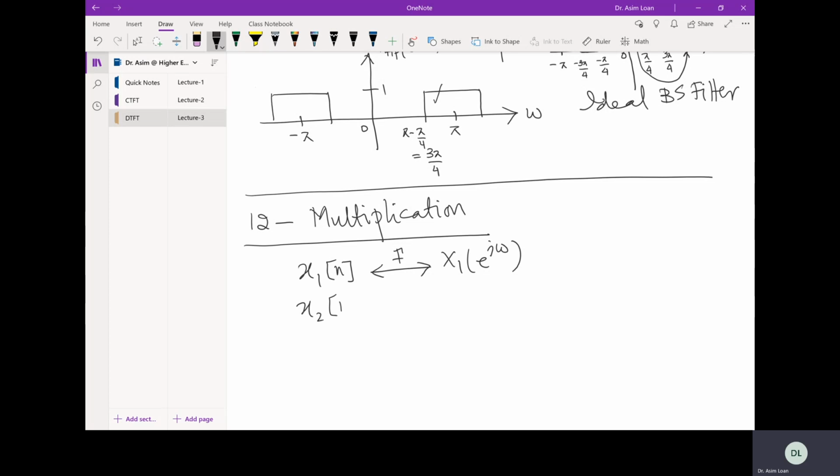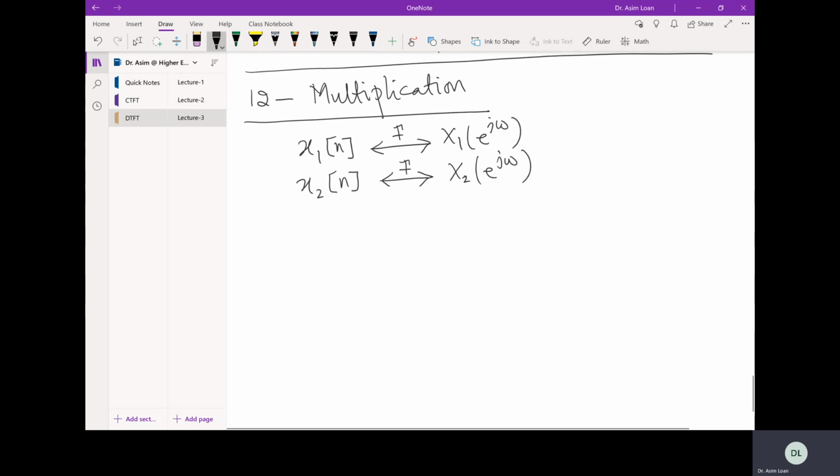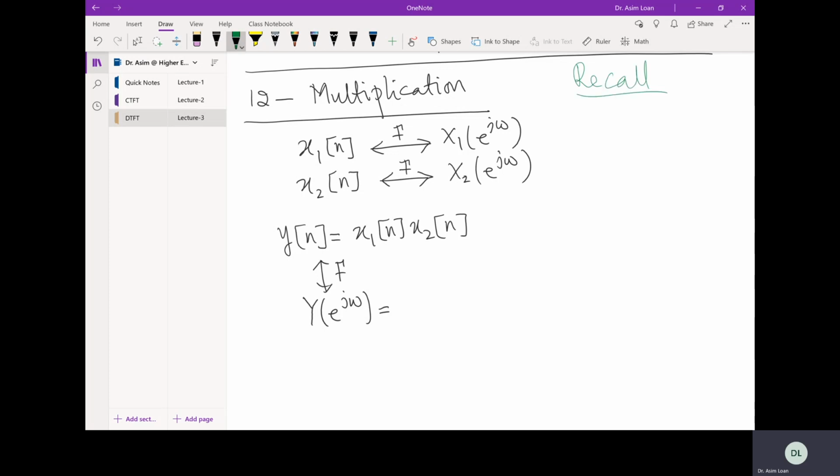X2 of n has a Fourier transform X2 of e^j omega, and y of n, which is equal to x1 of n times x2 of n, has a Fourier transform Y of e^j omega equals, and let me recall the continuous time Fourier transform case.